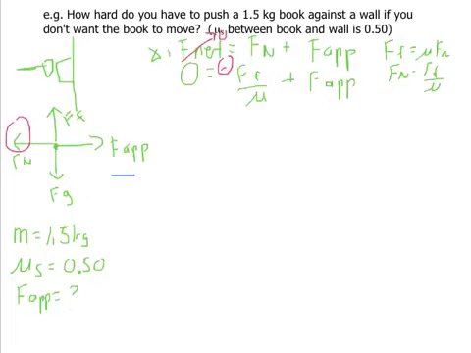We are given mu, but we do not know Ff. So therefore, let's look in the y direction to see if we can find the force of friction. In the y direction, F net equals Ff plus Fg. We don't want the book to move vertically, so there is no net force, so that is 0 equals Ff plus force of gravity.